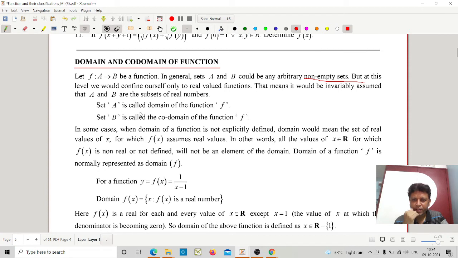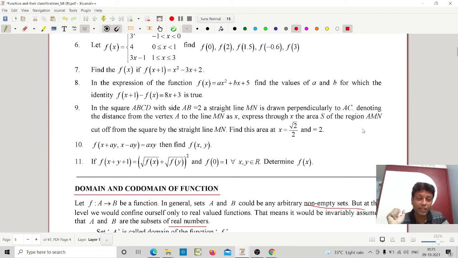A is called the domain of the function. Only real valued. I'm talking about real, don't mix it with complex. If you have any complex value, that won't be included in the function concept, because we will consider only real functions, real numbers.